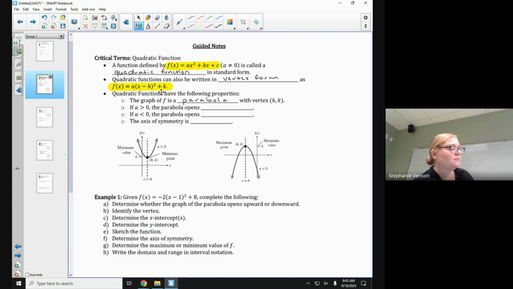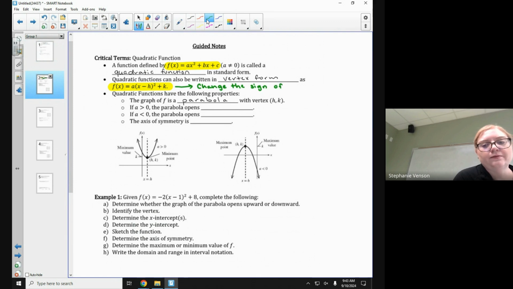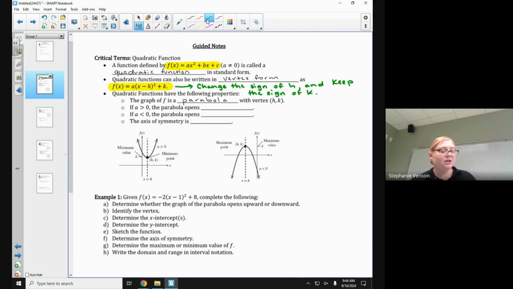When you're pulling the vertex from the function, you always want to change the sign of h and keep the sign of k. That's why when looking at the function, it's minus h and plus k. And here we have regular h or positive h and k. But again, we'll see that a little more in a minute.